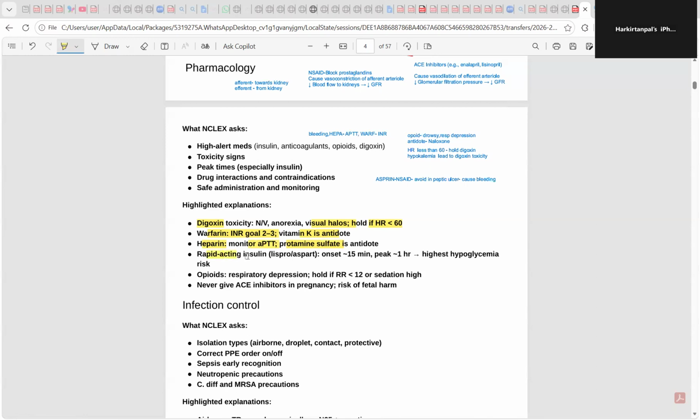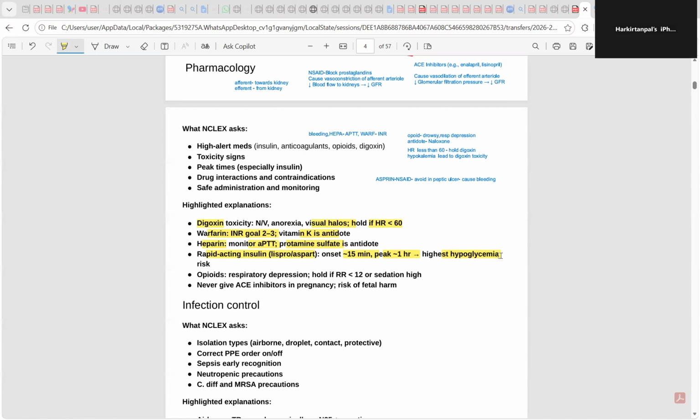Also rapid acting insulin like Aspart or Lispro, the onset of action is 15 minutes and peak action is 1 hour. That means during this period we should closely monitor for hypoglycemia. The action peaks within 1 hour, so the client's meal should be ready before administration of the insulin.